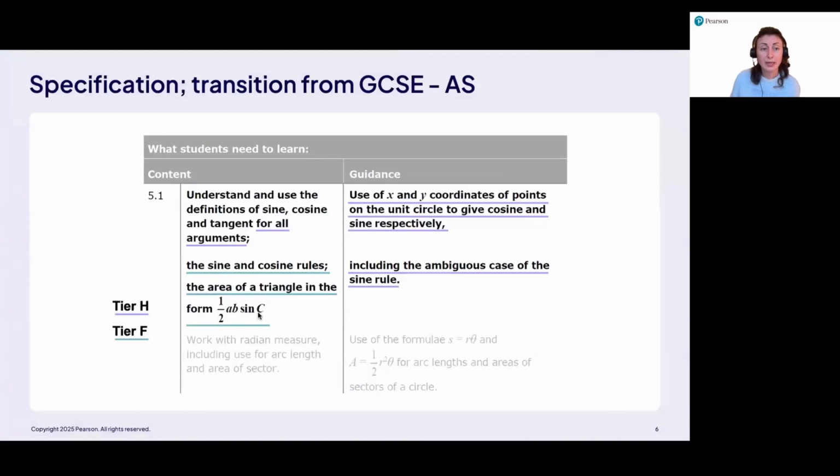So very briefly, the transition from GCSE, we've got AS content in bold, and then you can see where we've underlined the foundation and higher tier GCSE. We're not going to be spending much time on this necessarily, just because of the three areas that I said we're going to look at.